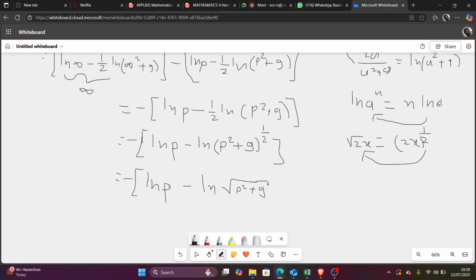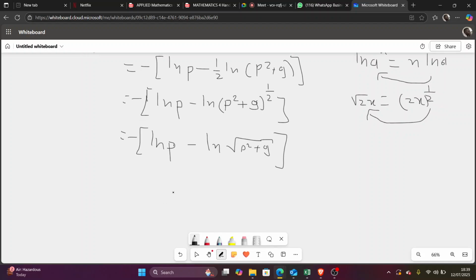This is when we do it using this identity. And what is inside here is also an identity of ln. If you have ln of a over b, it is simply ln a minus ln b.